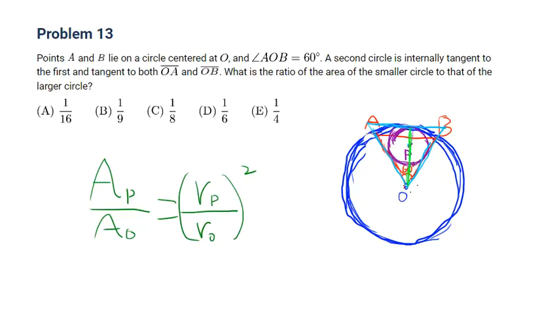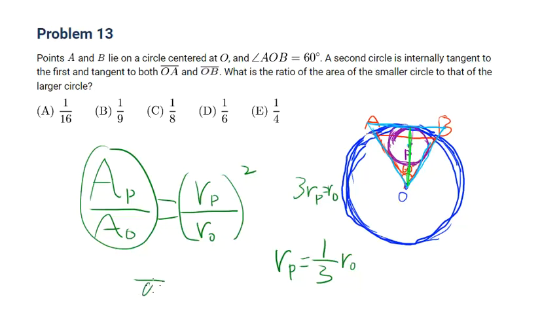Now the height here is equal to the radius of the big circle. So we just established that RP equals 1/3 of this height, which is RO. So we can say that 3RP equals RO. Now we can substitute RP for all the ROs, and it gives us this ratio, 1/9.